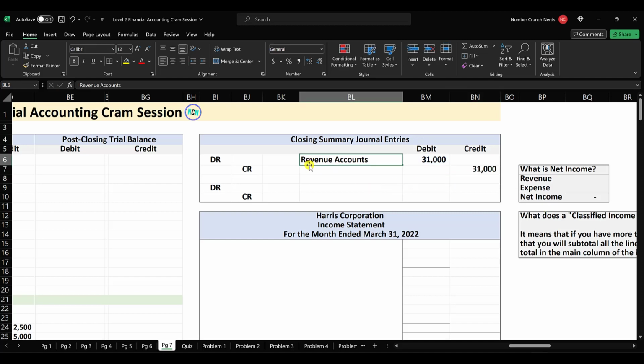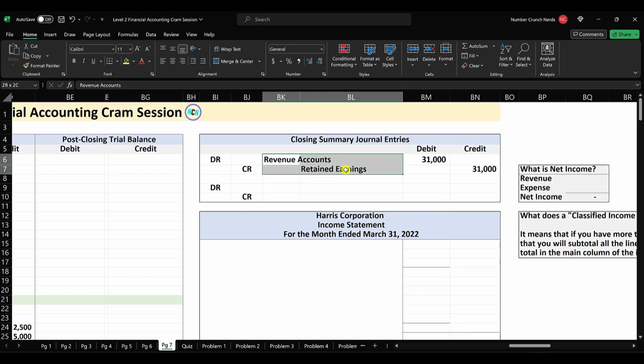What account? Retained earnings, that's what we're doing. We're closing this out to retained earnings. So we're debiting all the revenue accounts, and then we're putting that credit in retained earnings. Now we're going to do the exact same thing for the expense accounts.